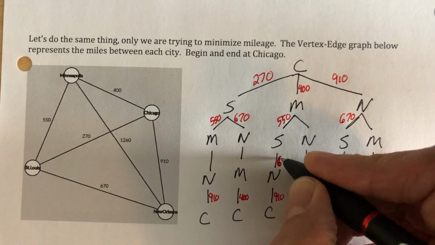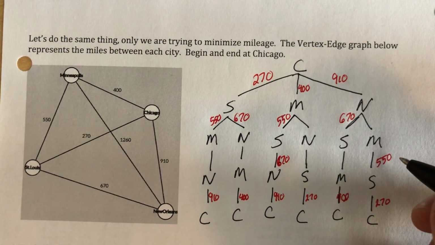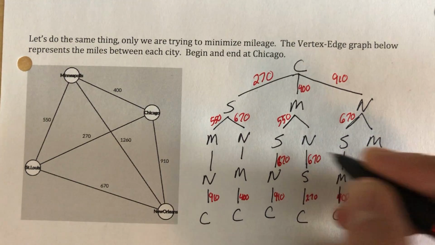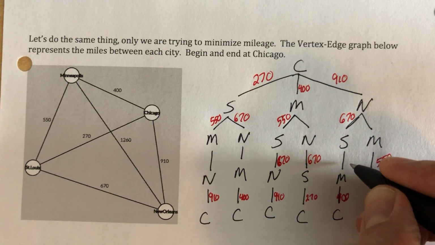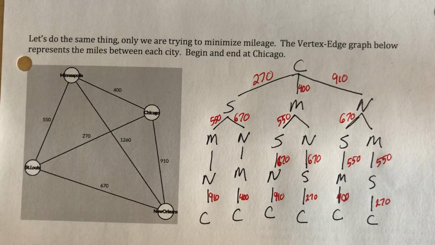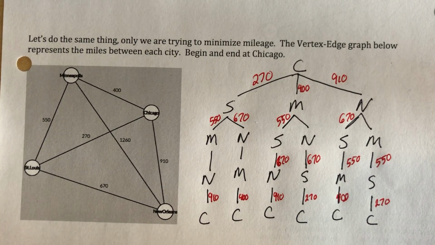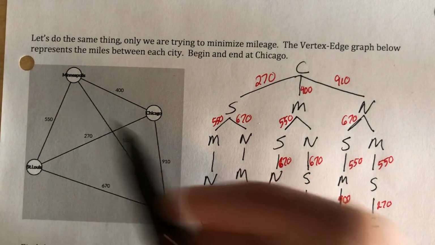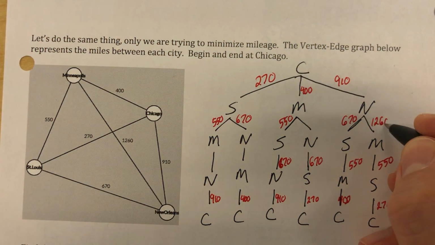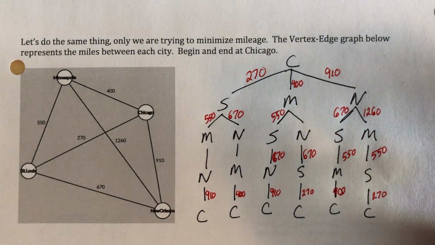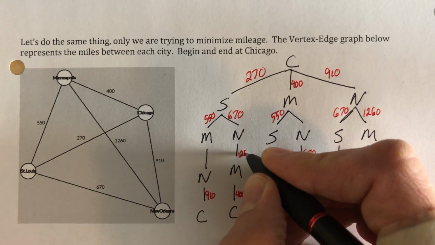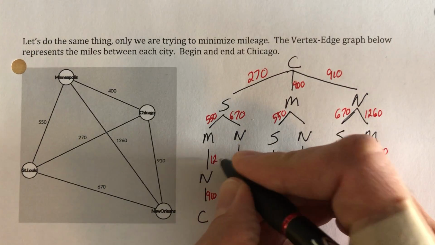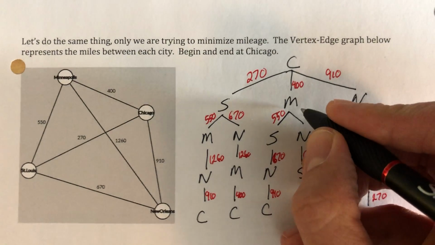Oops, I don't know why I put a 2 there. 670 and 670. I missed an SM right here. There's a lot of room for error here, so we have to be very careful. And NM is 1260. And there's another one right here, 1260.